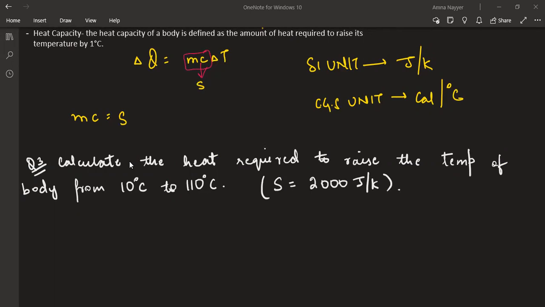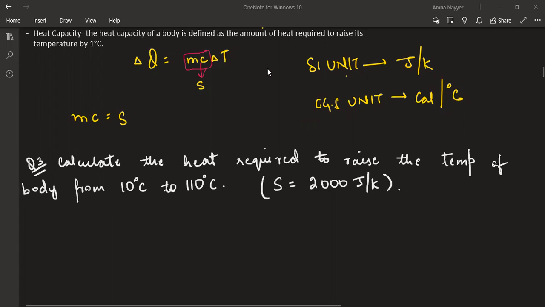You have to find out the heat required. Delta T is the change in temperature.